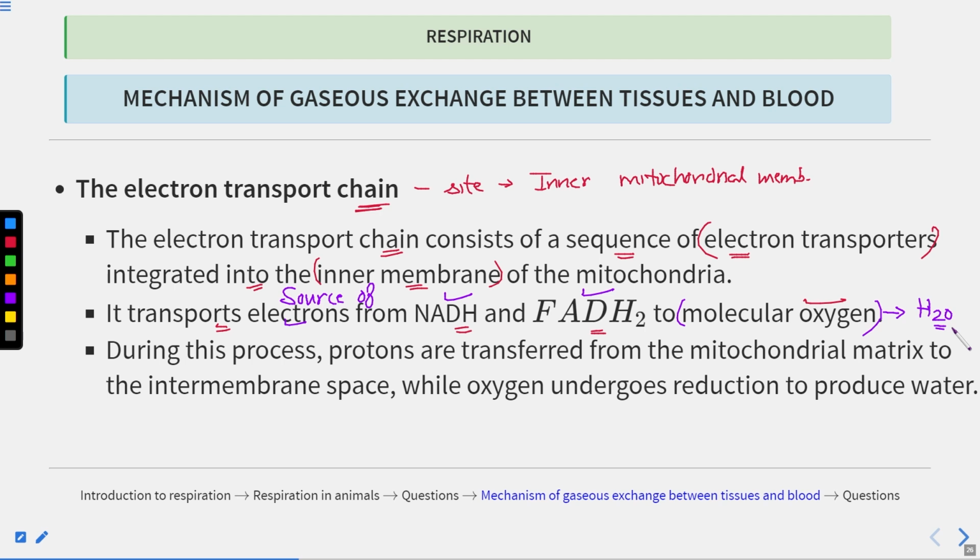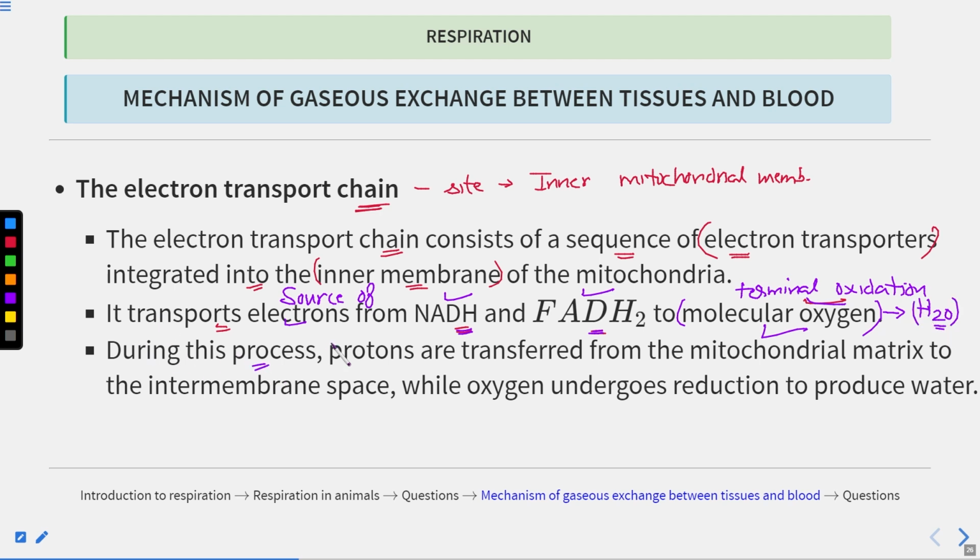This is also known as terminal oxidation. During terminal oxidation, what happens? The electrons released from NADH and FADH2 combine with molecular oxygen, and then protons are also joined with the oxygen, and the resulting molecule is water.